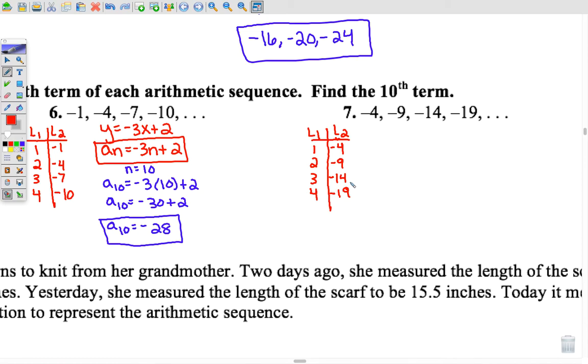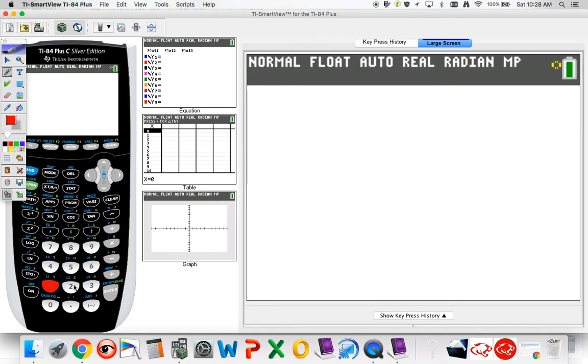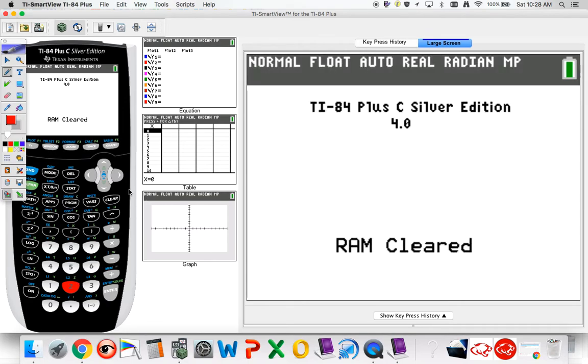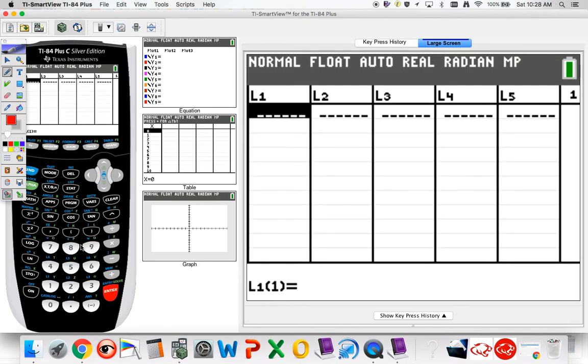Okay. So now we are going to put this into stat edit in our calculator. So I'm going to go back to my calculator. I'm going to hit second plus 7, 1, 2 so that everything is cleared out. I'm going to go back to my stat edit. Okay, so we're dealing with 4 numbers.